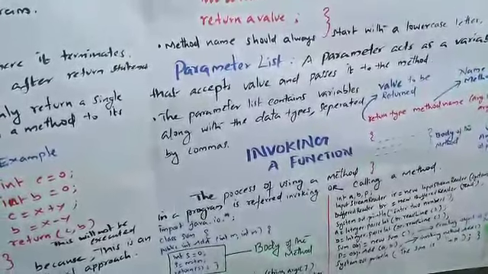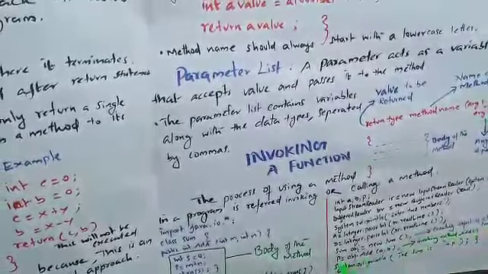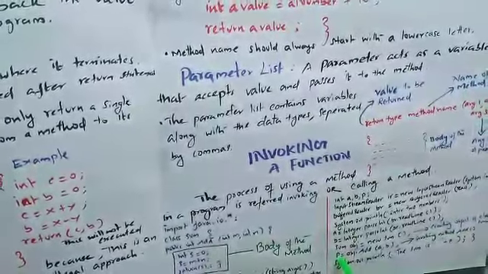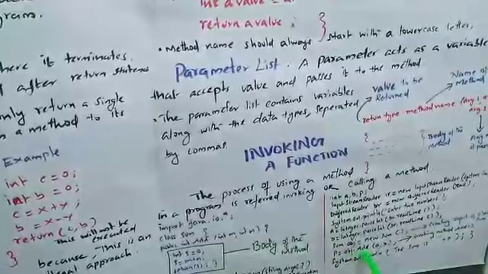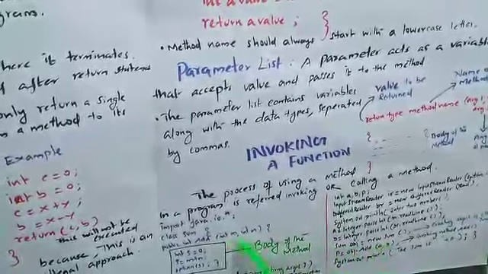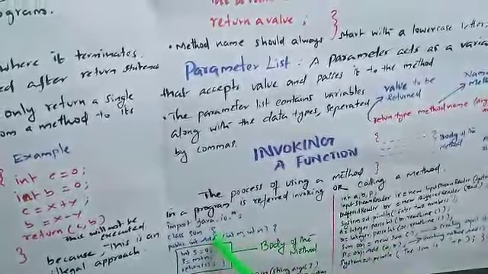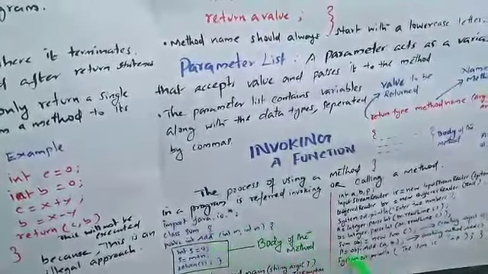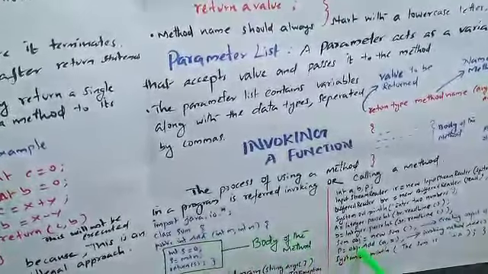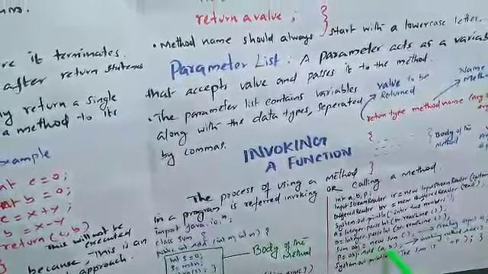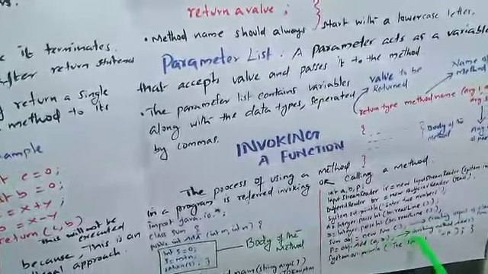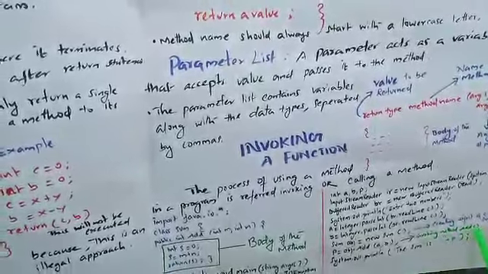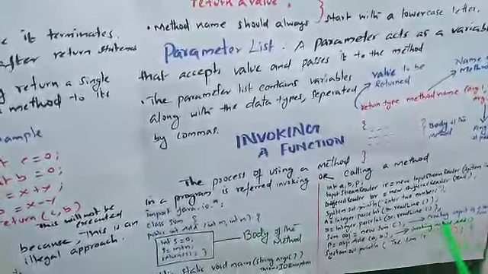Now our main question: invoking a function. Now you have to invoke a function. Come here, p. We have taken three variables now. In p you have to do p = obj.add. What is the function name? Add. This is your function name. You have to call this function here: p = obj.add, with two variables given. So this part is invoking the method add, or you can say invoking a function here.